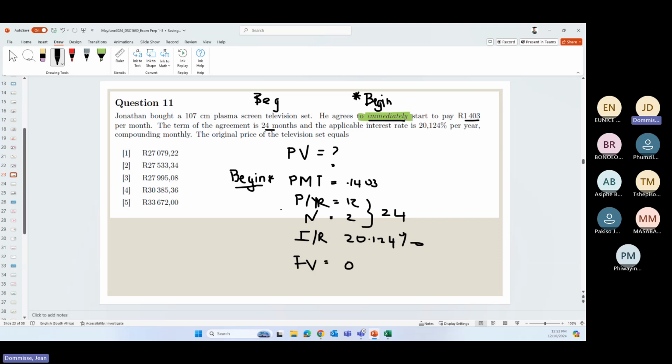I just put in 0 future value so that it erases what was in there. It's 12 times a year, so that we now need to change. It's not as in the previous question 52 again, but 12 times a year for 2 years, which is 24 periods, at a 20.124% interest.